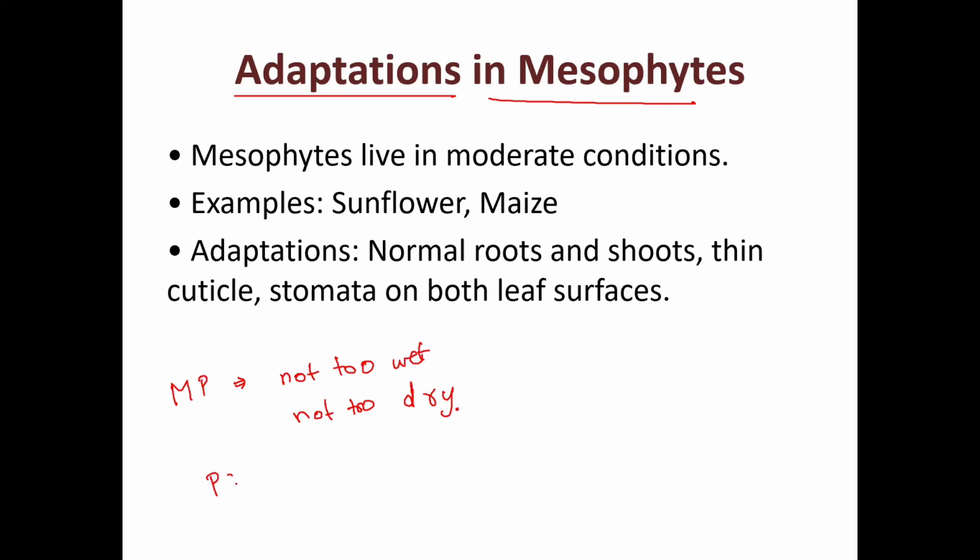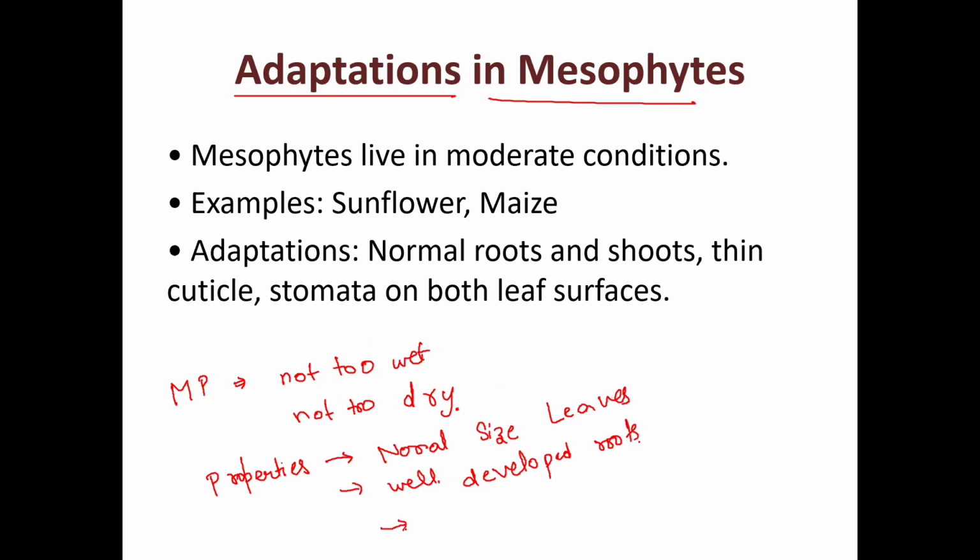What are the major properties of this plant type? Normal size leaves, well developed roots to absorb water and minerals, and average stomatal distribution on the leaf, not too much and not too little.